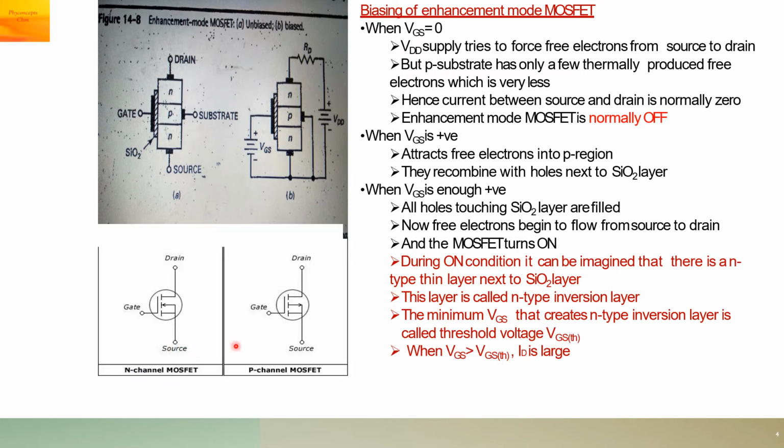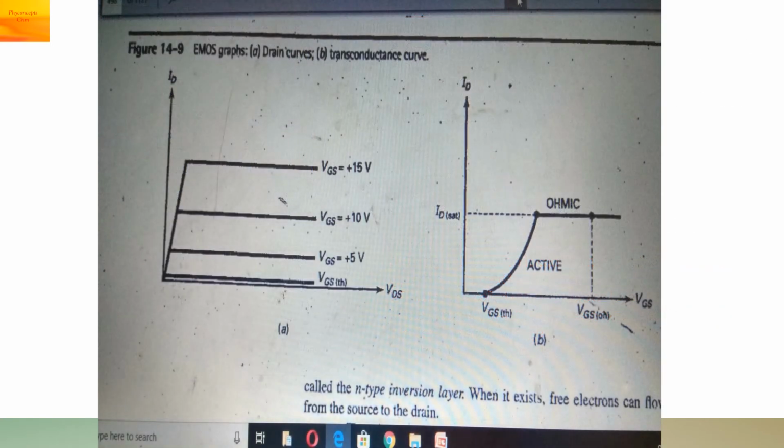These are the symbols of the N-channel and P-channel MOSFET. This is the drain curves, ID versus VDS, with VGS-TH. It is starting at VGS-TH, because at VGS equal to 0, the drain current is 0.